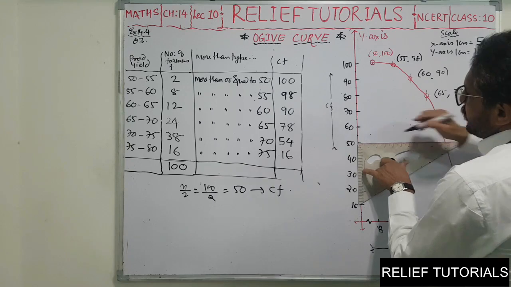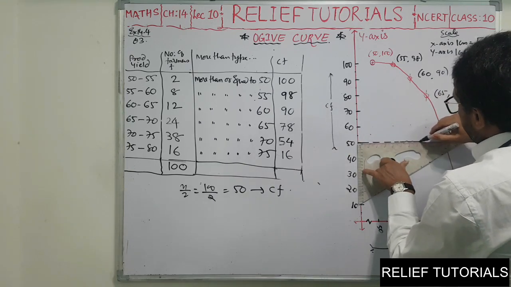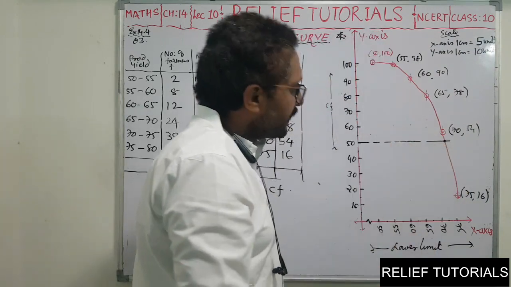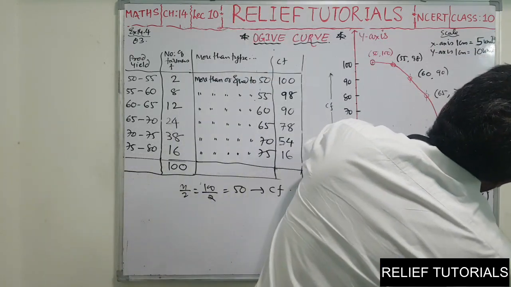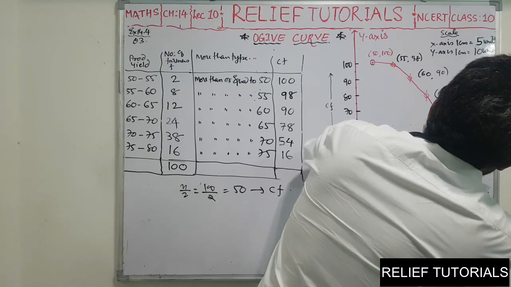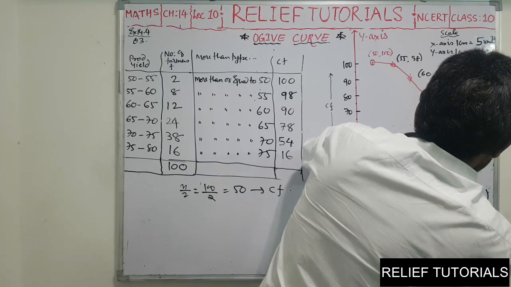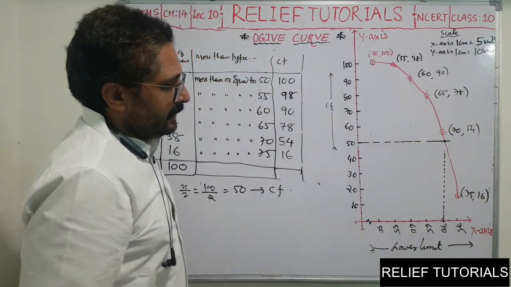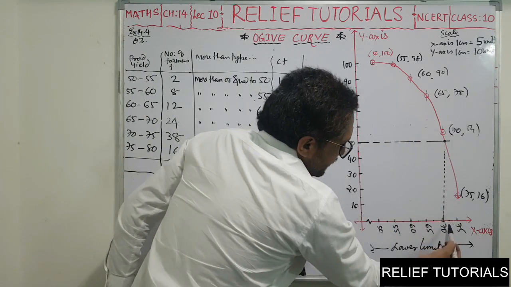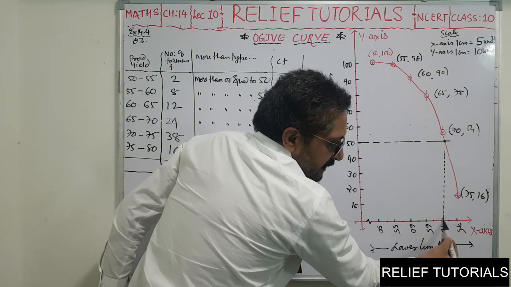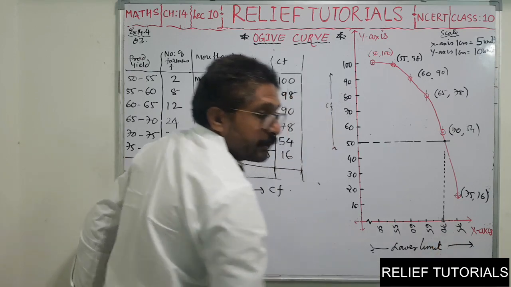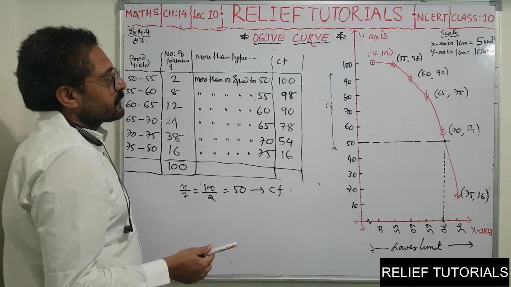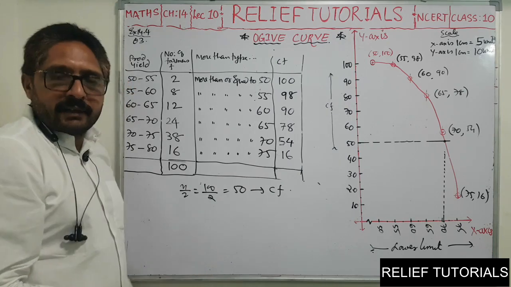You will select this 50, draw a line which will intersect the graph at this particular point. From here you will draw a vertical perpendicular to the x-axis. This perpendicular will intersect the x-axis at this point of intersection, and the x-coordinate of this point gives the median. So n by 2, 50, 50 against cumulative frequency you have to see. In this way you can find the median.